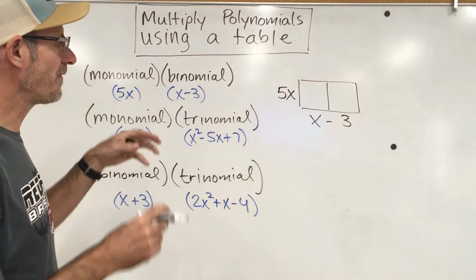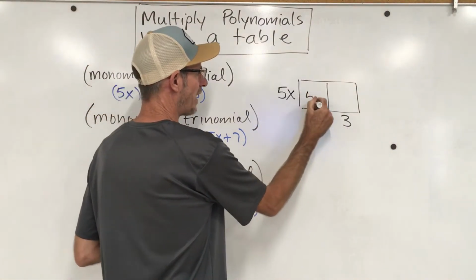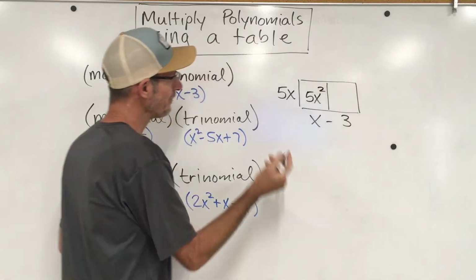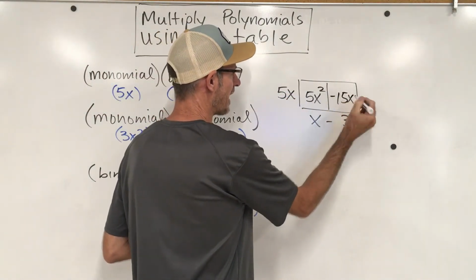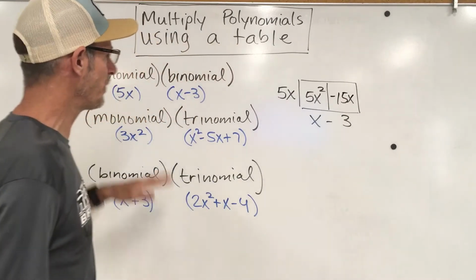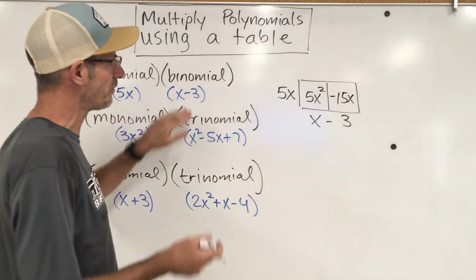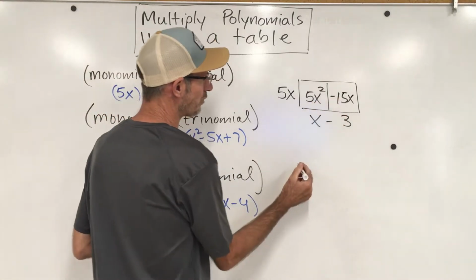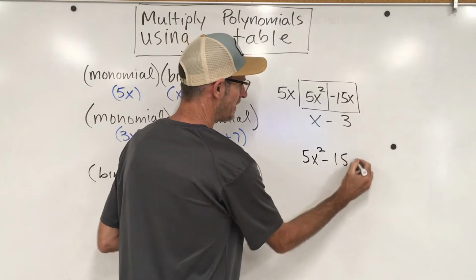So now when I find the product of each pair, 5x and x is 5x squared. And 5x and negative 3 is negative 15x. So on this problem, when we multiply the monomial 5x and the binomial x minus 3, we end up with a second degree binomial, 5x squared minus 15x.